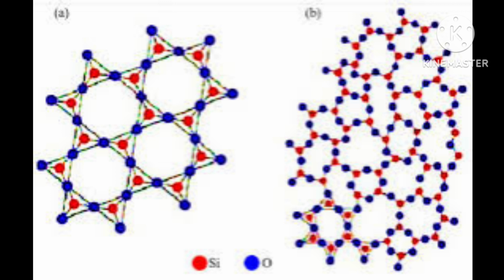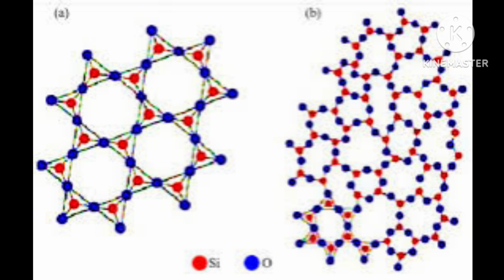They are insulators and do not conduct electricity. Examples: diamond and silicon carbide are typical examples of such solids.